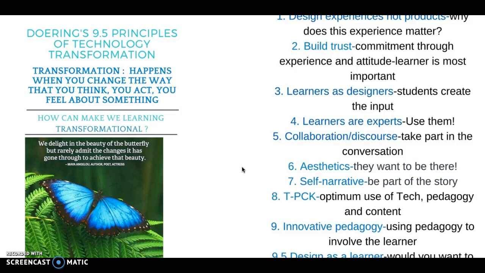So a lot of the things that he says in his speech has to do about the learner. So we have to always be thinking about the learner. The learners can be designers. They can cooperate with input. They are the experts on certain things. If we allow them to collaborate, they're going to be able to take part in the conversation and also be part of the story in the self-narrative.